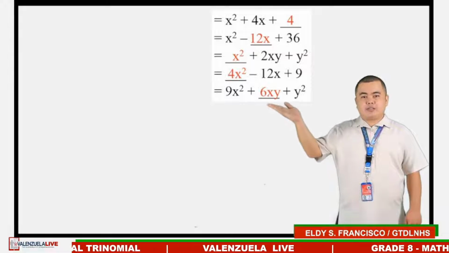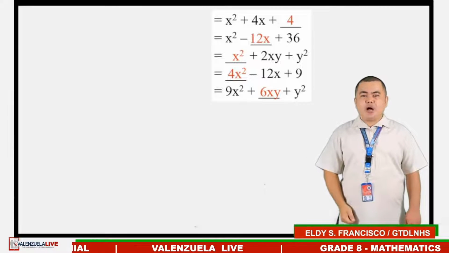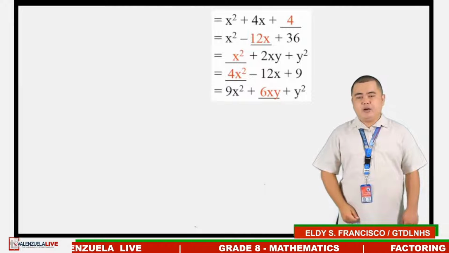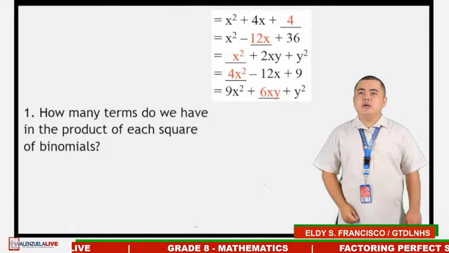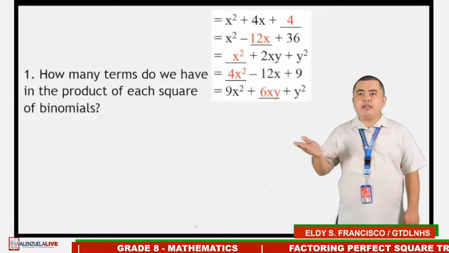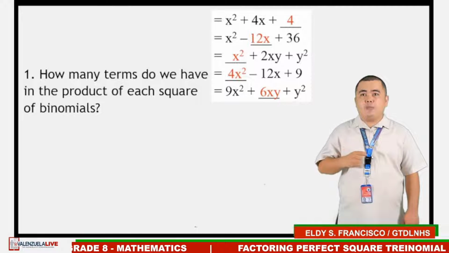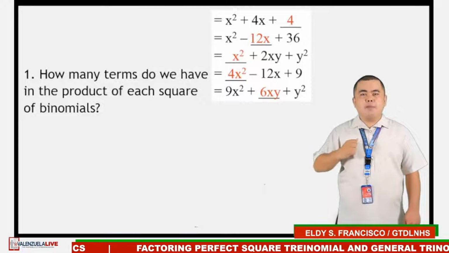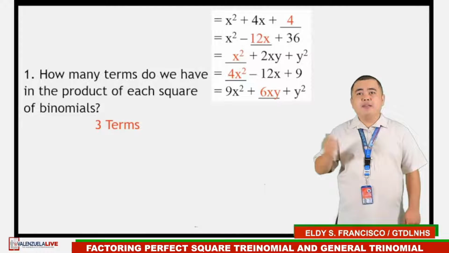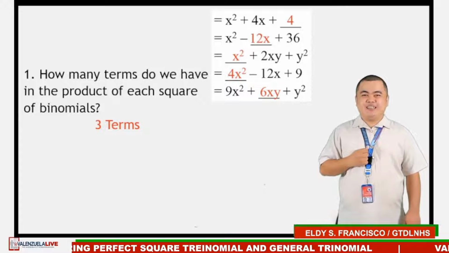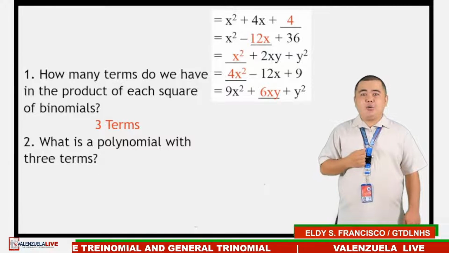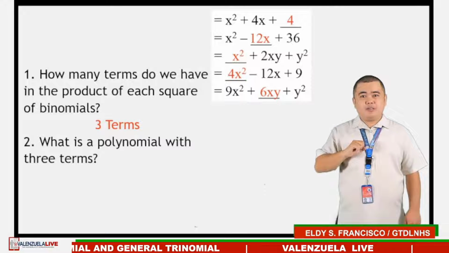And now, let us observe the products or polynomials done in the previous activity. These are the products. And we are going to answer the following questions. Are you ready? Okay. 1. How many terms do we have in the product of each square of binomials? Very good. We have 3 terms. Next, what is a polynomial with 3 terms?